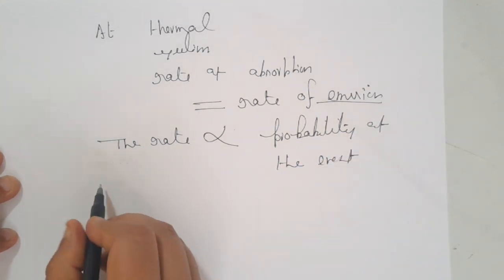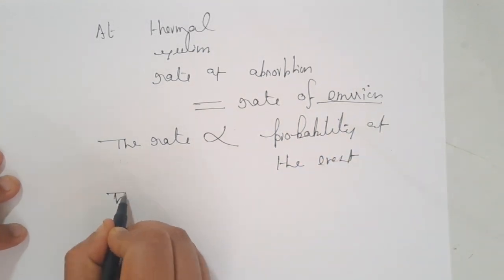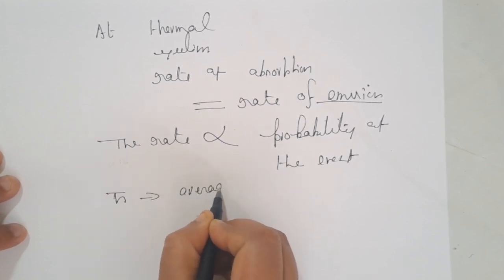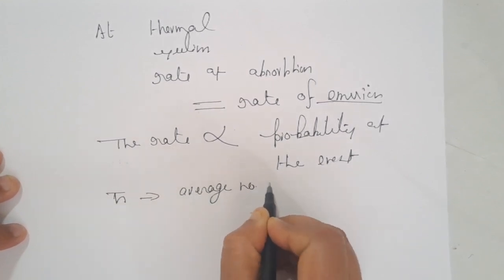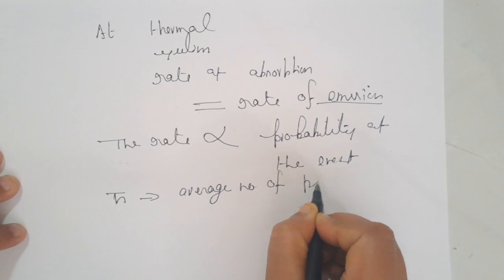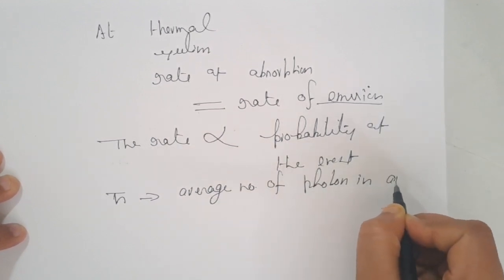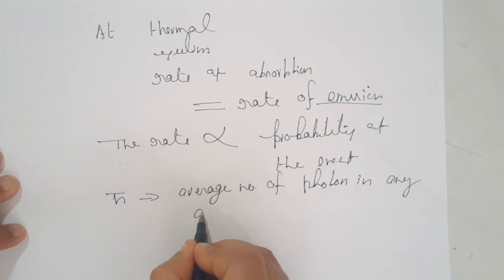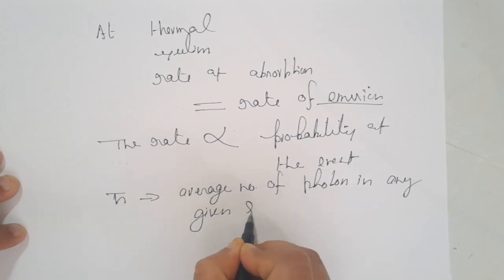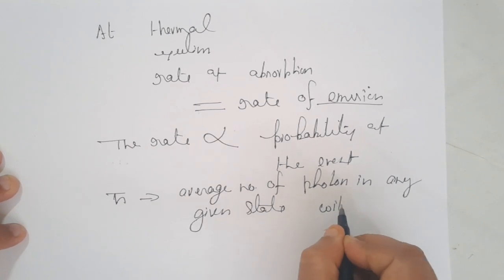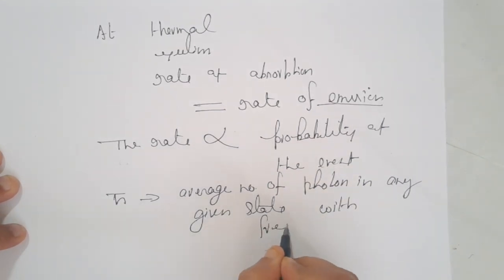So suppose n bar is the average number of photons in any given state with frequency omega.